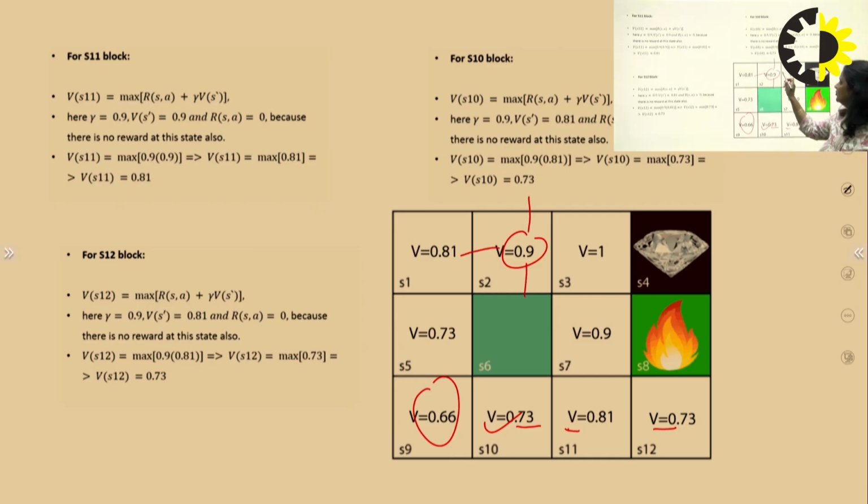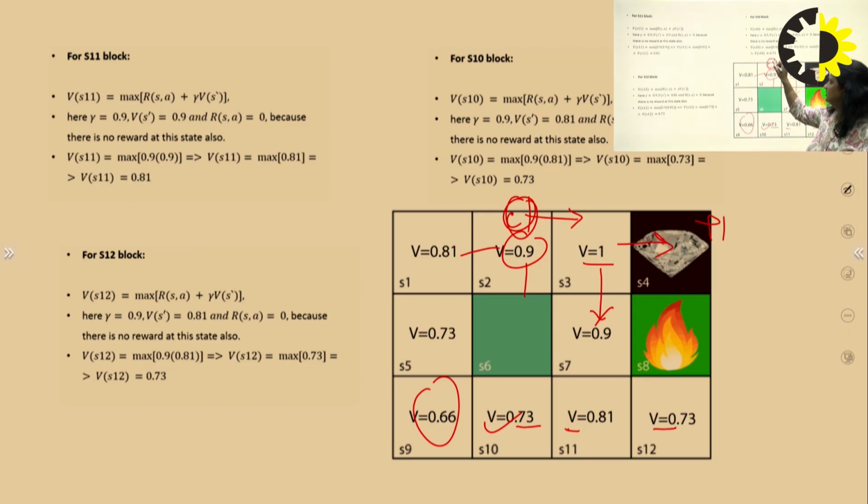In this direction, in this direction, in this direction there can be a solid wall, so there is no option. On the left is 0.81 and on the right is 1. So what is the maximum value? 1. So if the agent is in this situation, they follow a path like this, and the possible action is to go down, and they will get the maximum reward at this stage, that is +1, the final destination.